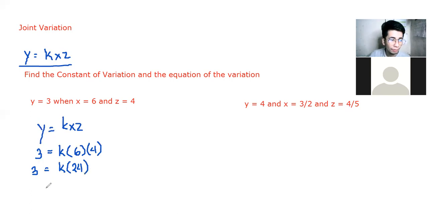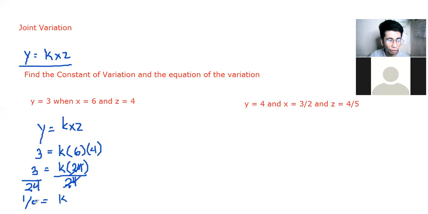Then, sunod natin gagawin, kailangan ma-isolate si K. So, divide natin both sides by 24. So, cancel si 24, cancel si 24. So, magkakaroon tayo ng K. So, 3 over 24. Magkakaroon tayo ng 1 over 8 ba to?